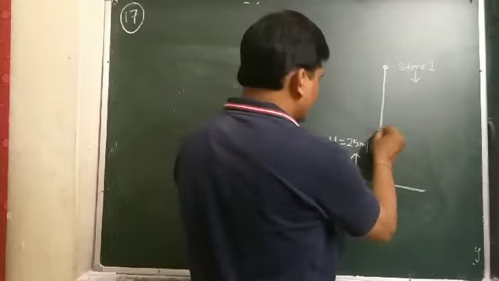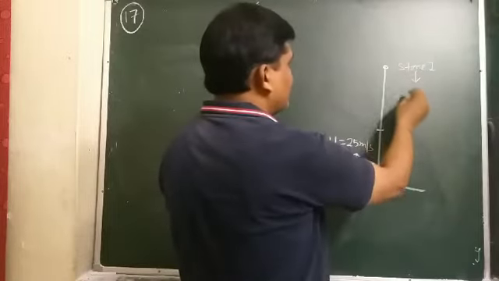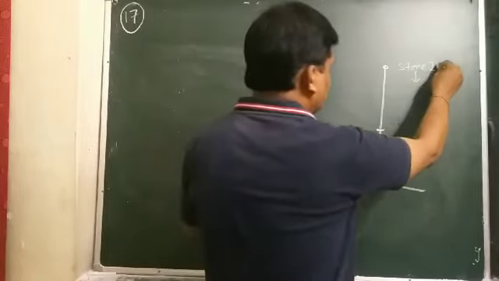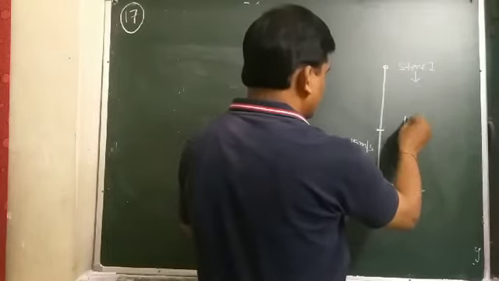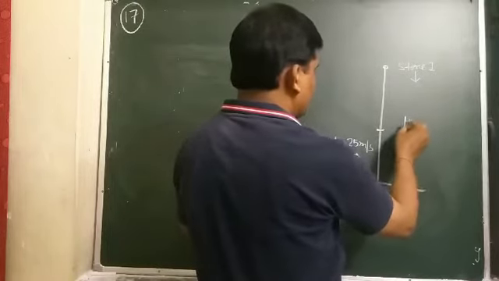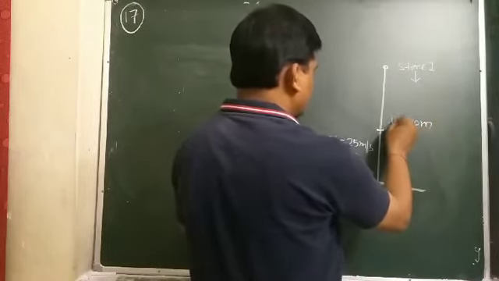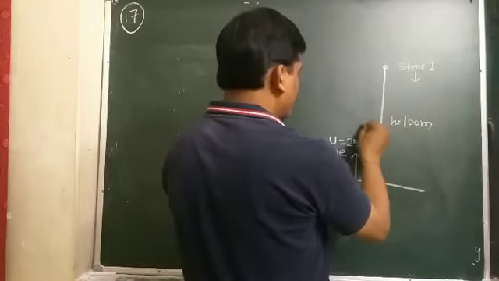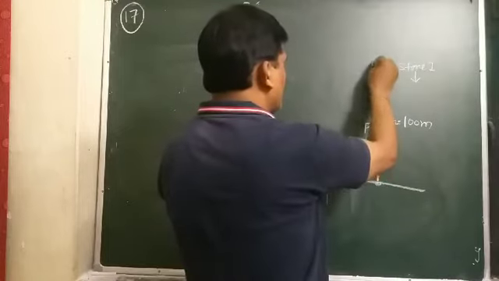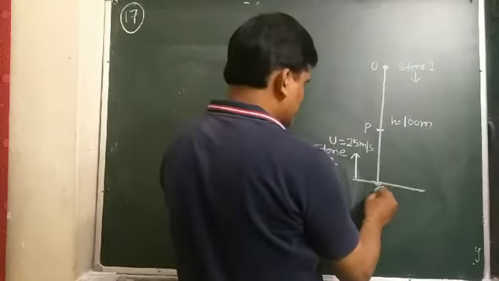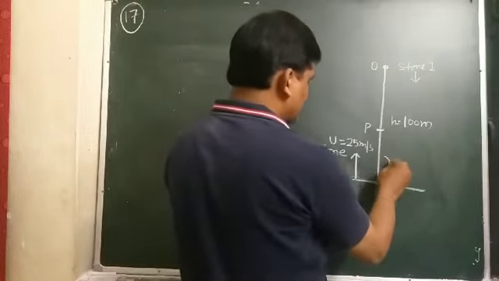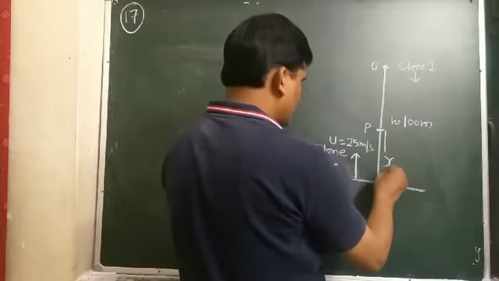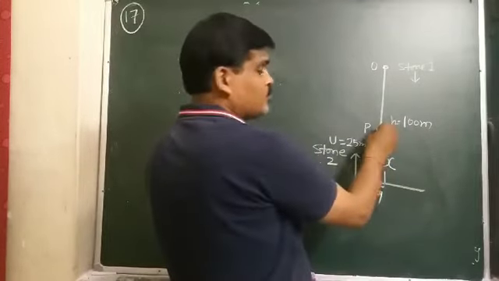Total height is 100 meter, which is given. Suppose at a point P, and suppose at x distance from the ground both stones will meet.